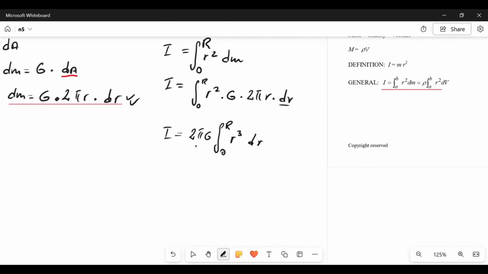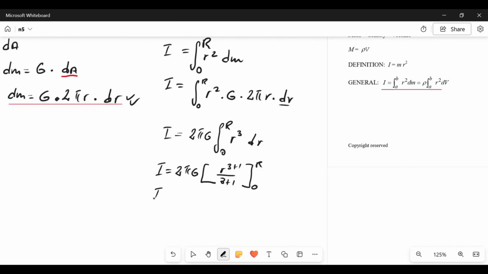Now, when it's like this, we are able to integrate. So let's integrate. This is going to be 2 pi and density multiplied by the following: the integral of this is going to be r to the power of 3 plus 1 divided by 3 plus 1. And then we close there, with the bigger radius R and 0 as limits.